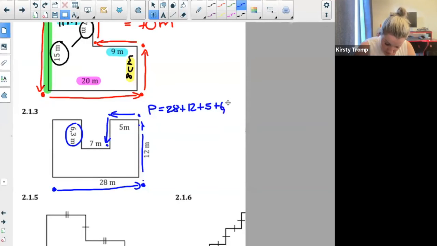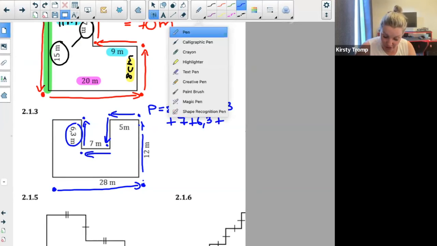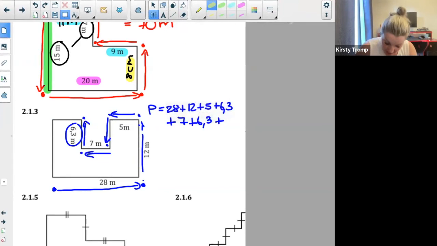So 6,3 plus that side to that side, 7 plus that side to this side, 6,3 plus, now we've hit our first little issue. Our first little issue is this one over here. Well, not really, because on the bottom, we've got 28.